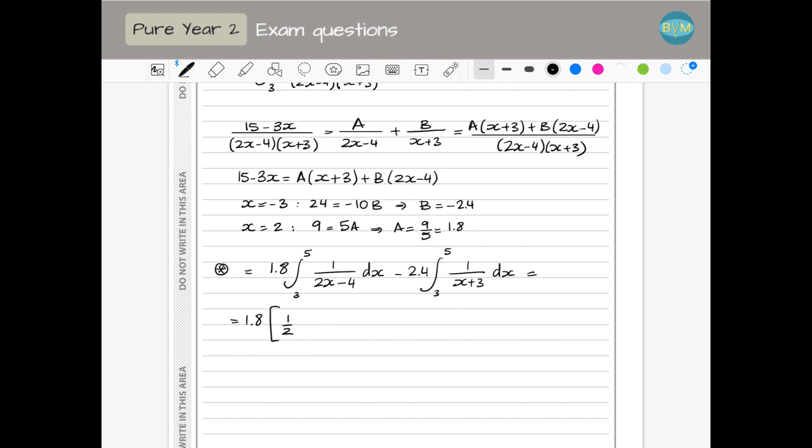So I'm going to write 1/2 ln 2x minus 4, because when I differentiate ln of this function, I'm going to have 2 divided by this function again, and the 2 is going to cancel with this one. And this is between 3 and 5. And then the second one is 2.4, and in this case, the numerator is the derivative of the denominator, so I can write this.